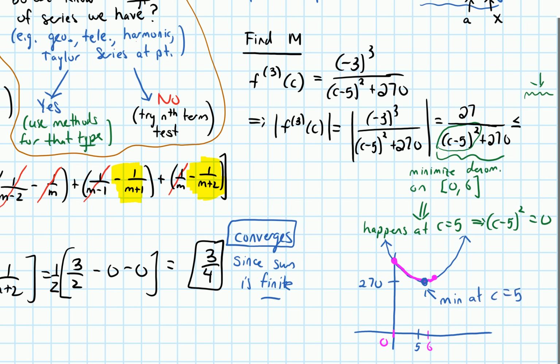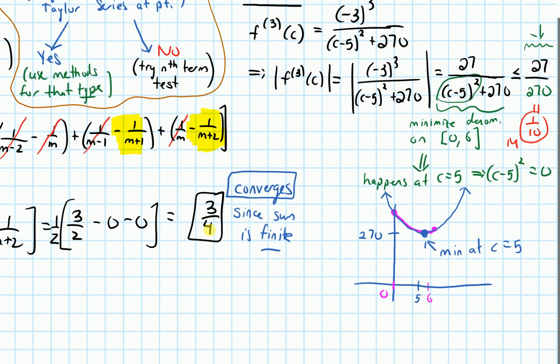And we want to minimize the denominator, because that makes the fraction the largest possible. So the numerator, let's keep it as 27. If we plug 5 into the denominator, it becomes 270. And this simplifies to 1 over 10, and that is what m will be.